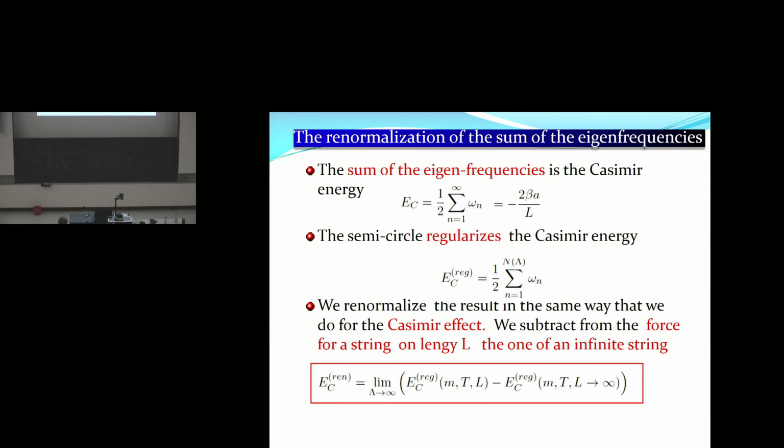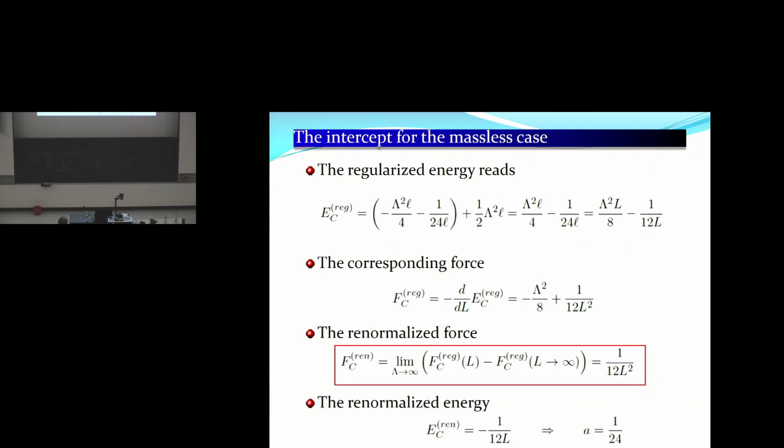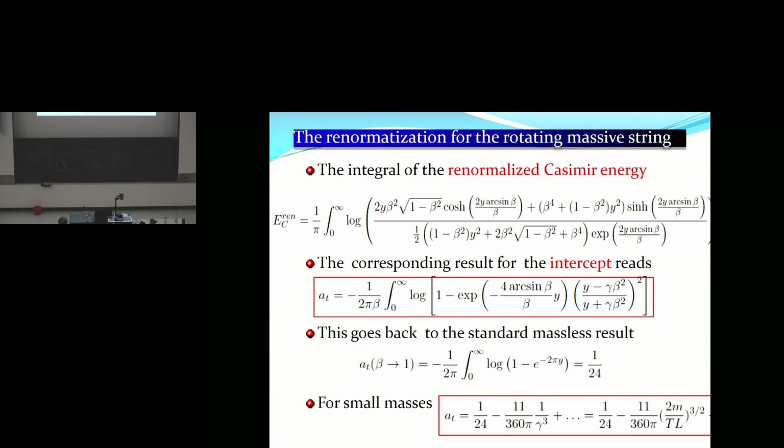And when you do this process, it's a contour integral, it's somewhat complicated, but eventually for the massless case, you get precisely this minus 1 over 12, or the intercept is 1 over 24. For the massive case, it's more complicated to work it out, but we've done it in the approximation of small masses. So that's the correction.